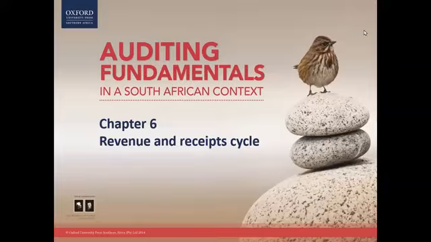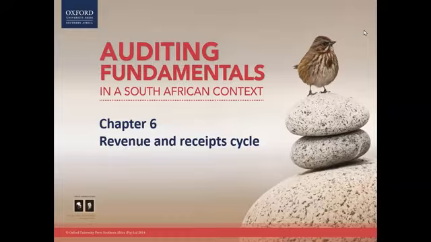So we'll be able to define control objectives pertaining to this particular cycle, which is the revenue and receipt cycle. Also, you'll find that there is a slight difference between the computerized environment and the manual environment.